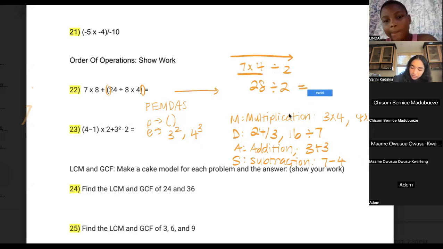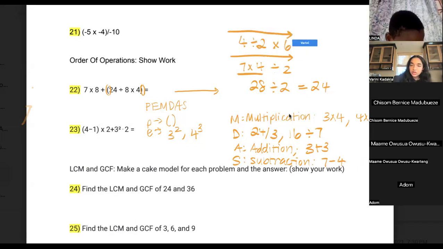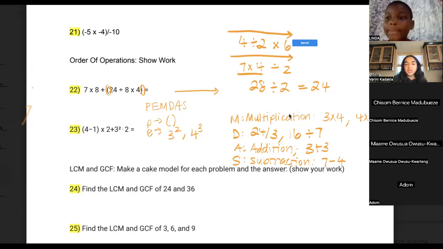So this should equal 14. Even in the case of 4 divided by 2 times 6, you always move left to right, because division and multiplication you can basically swap them. It's not that you do multiplication then division, it's whichever one comes first.